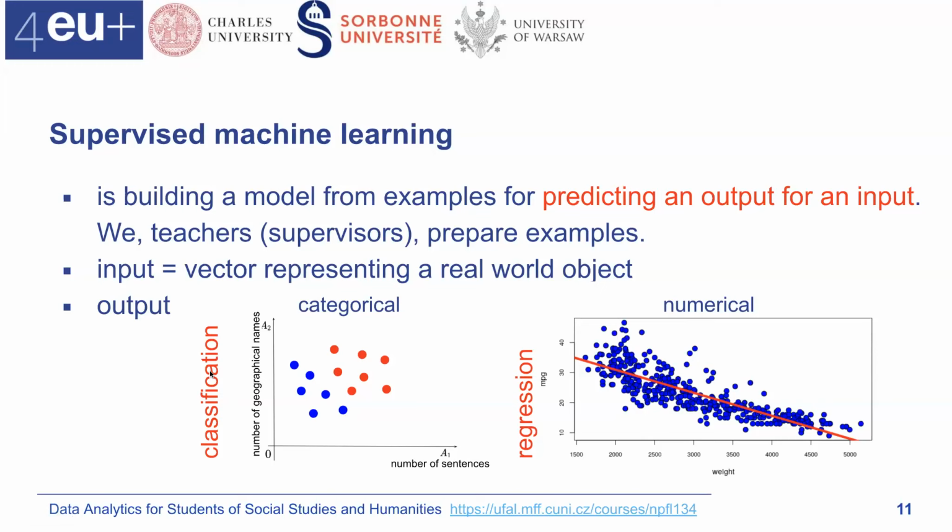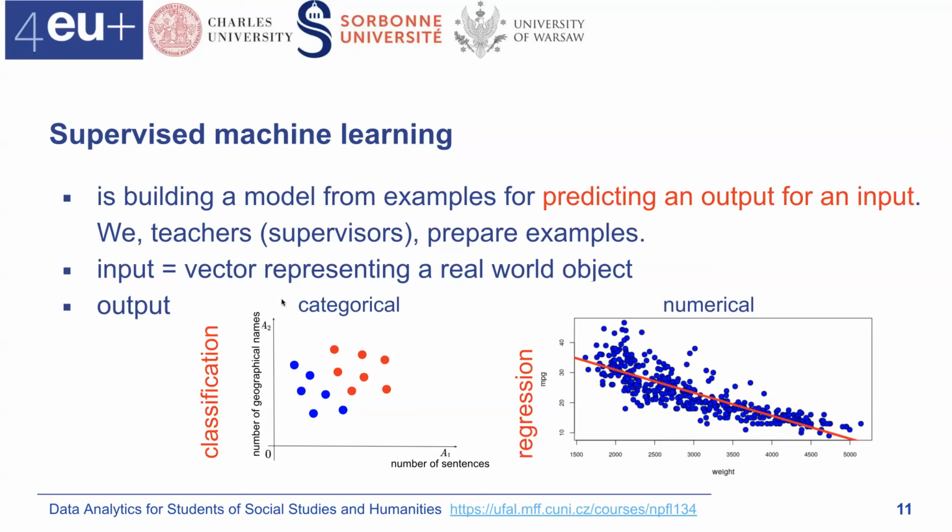Right? So one of the classification tasks is spam email detection, and the goal is to train a model to identify which new incoming emails are spam and which are not.